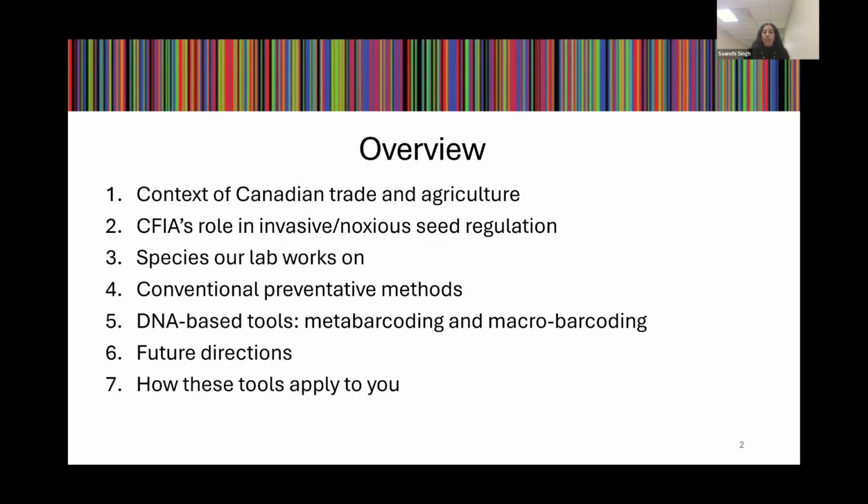And then I'd like to give a little bit of context with regards to some of the conventional methods that are used currently with regards to seed regulation. And then I'll delve right into what we're developing, the DNA-based tools, so the metabarcoding and macro-barcoding. I'll also take some time to talk about some future directions of this project. And then finally, how you can use these tools for your projects and your research.